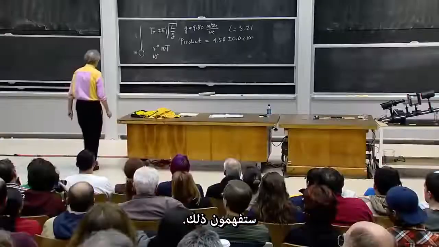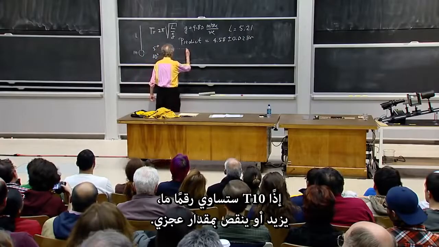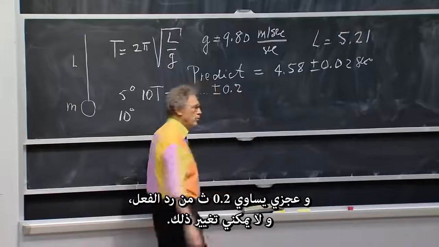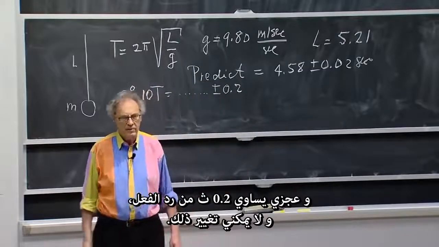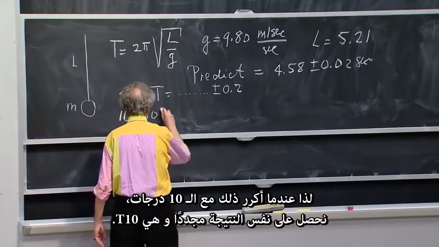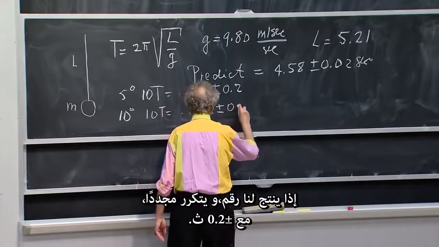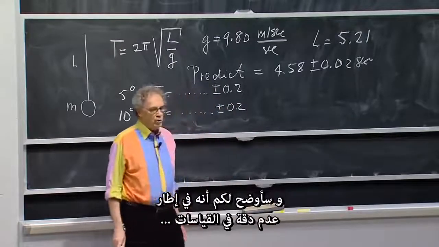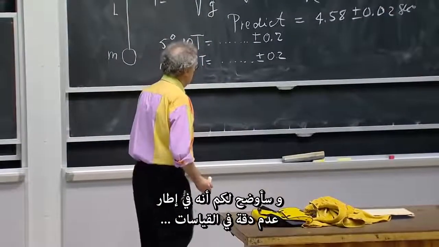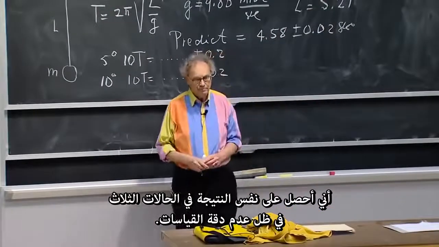So the 10T is then going to be some number plus or minus my own inability, which is my 0.2 seconds reaction time. I can't change that. And so then I do it at 10 degrees, and then we get again 10T, a number, and again plus or minus 0.2 seconds. And I'm going to demonstrate to you that within the uncertainty of the measurements, I get the same numbers in all 3 cases.